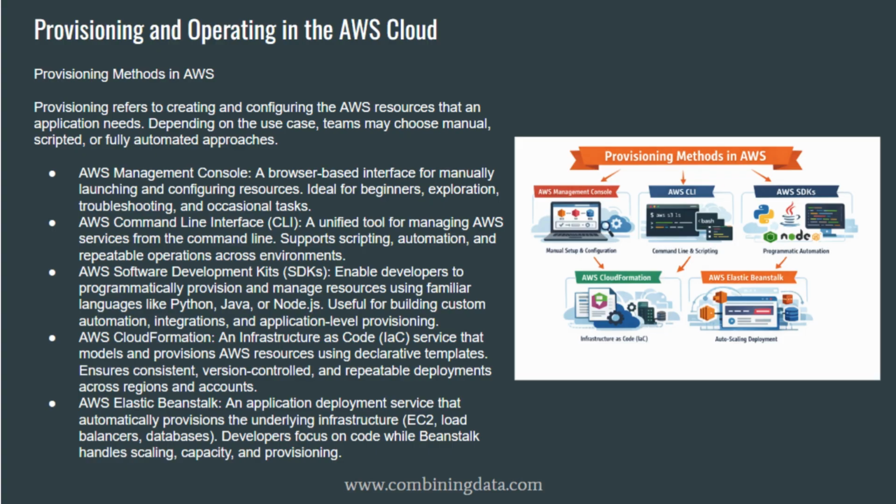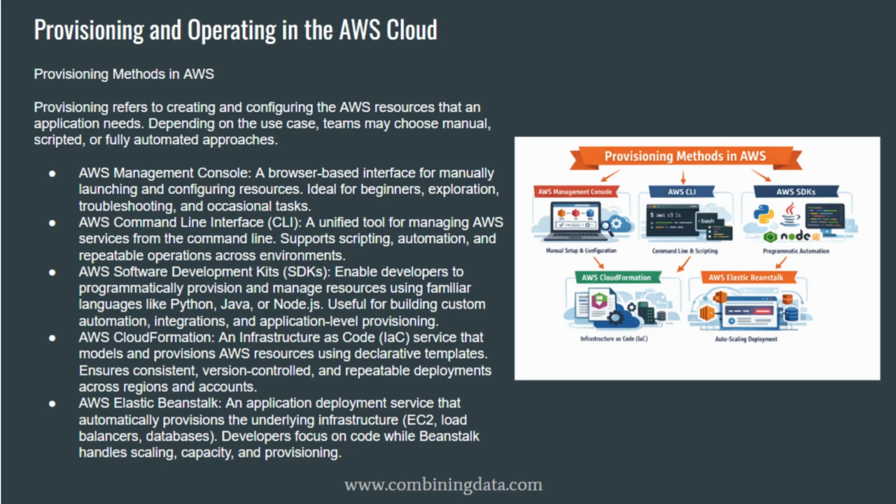3. AWS Software Development Kits, SDKs. AWS SDKs allow developers to provision and manage resources using programming languages like Python, Java, JavaScript, or Go. This is provisioning inside application code, not from the console or terminal.